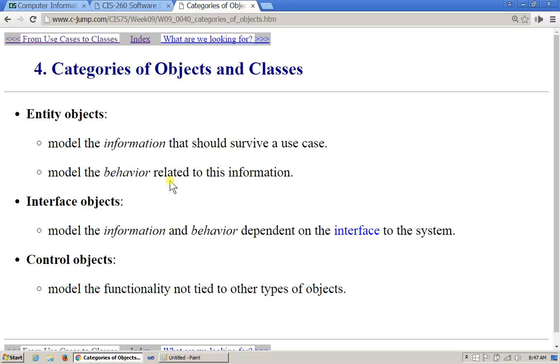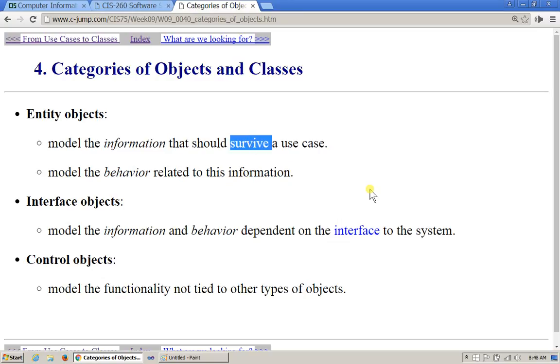However, many real objects that have to be instantiated by real classes encapsulate state. And some of them also would like to survive a particular use case.